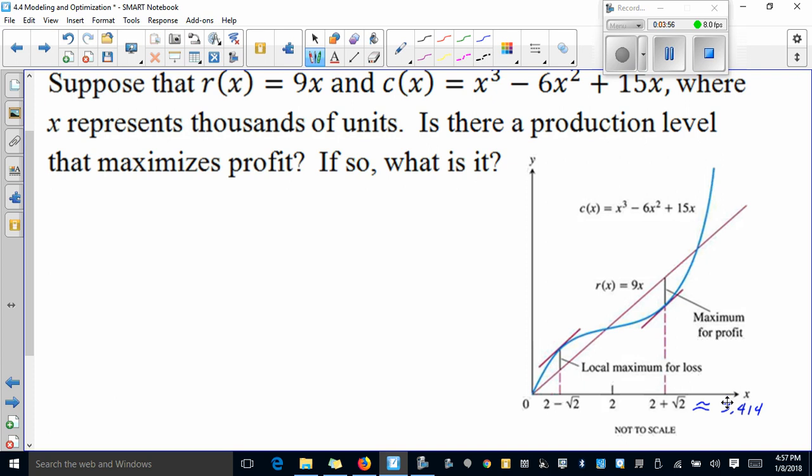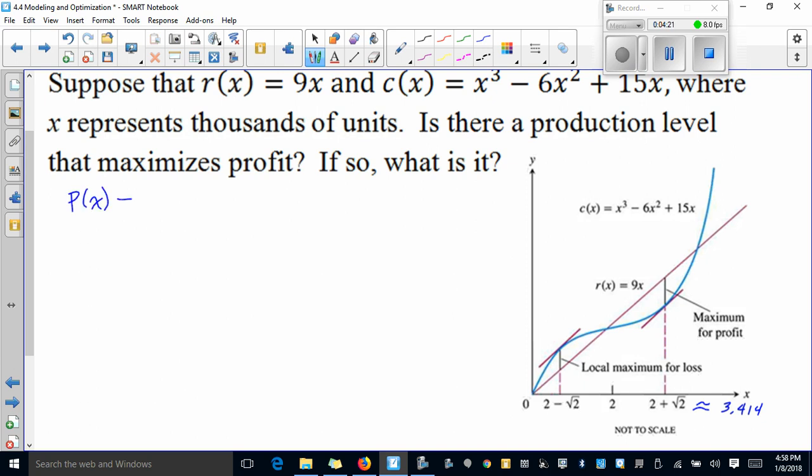Remember, profit is revenue minus cost, and our marginal profit is going to be marginal revenue minus marginal cost. So we put these in here.